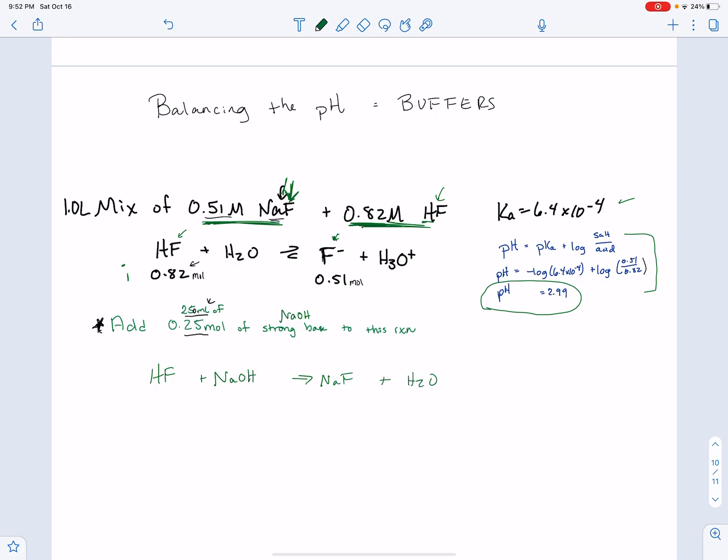H2O. Now initially, we already know how much HF we have because our little buffer is established, and we initially already have some F, because that's the whole thing of a buffer. You've already got some of both sides of the reaction. And then now what I've added in is 0.25 moles of NaOH.